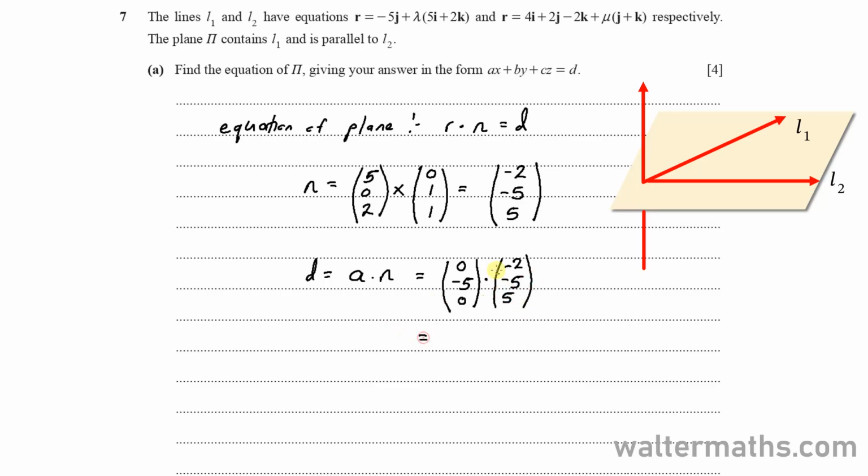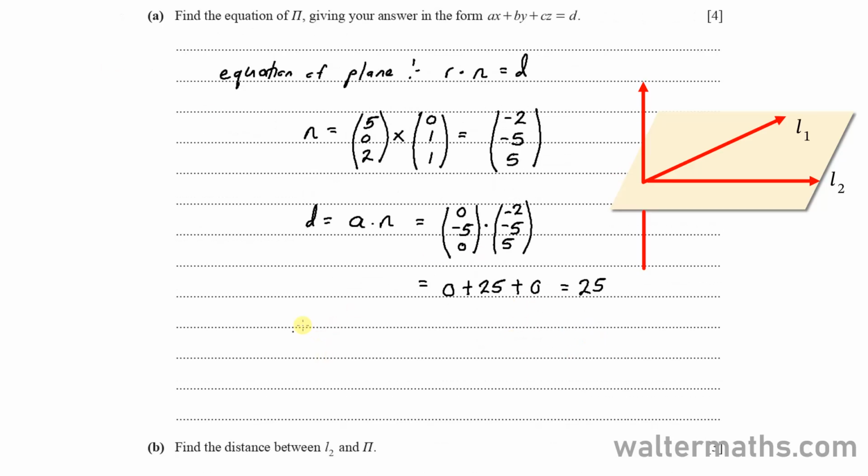We can simplify this by multiplying 0 times minus 2, which is 0, plus minus 5 times 5, which is 25, plus 0 times 5, which is 0, and that gives us 25.